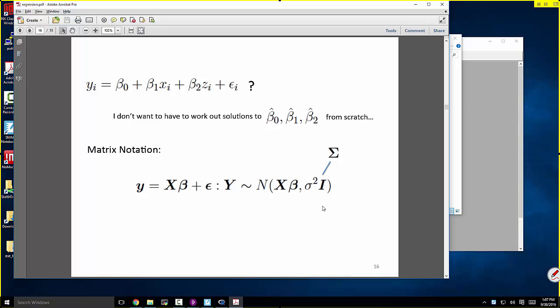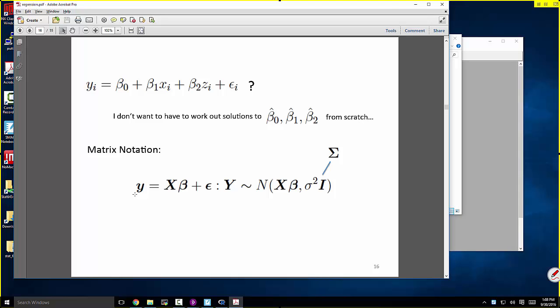And with multivariate data, you have not only variances of each of the components, but you also have covariances between the components. If I have n observations, then I would be able to compute a variance for each observation, but I'd have to, if I was going to be as general as possible, allow for correlations between individuals.